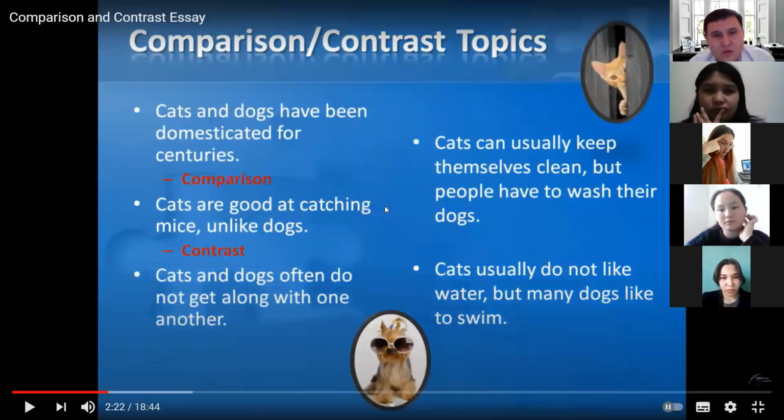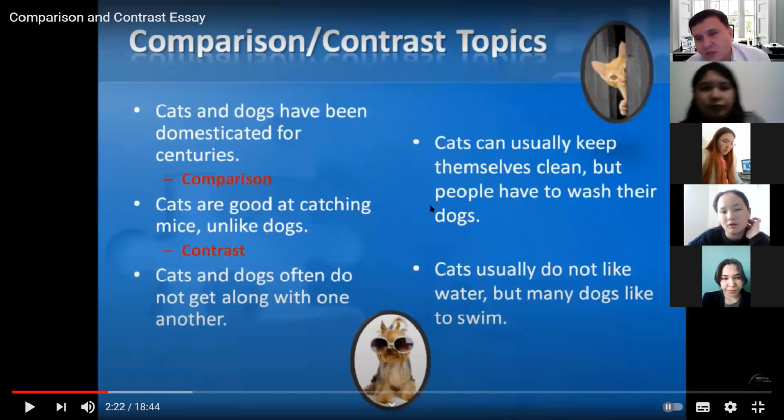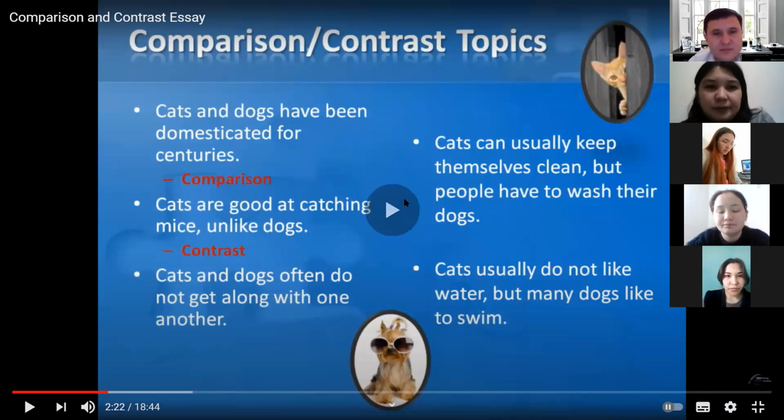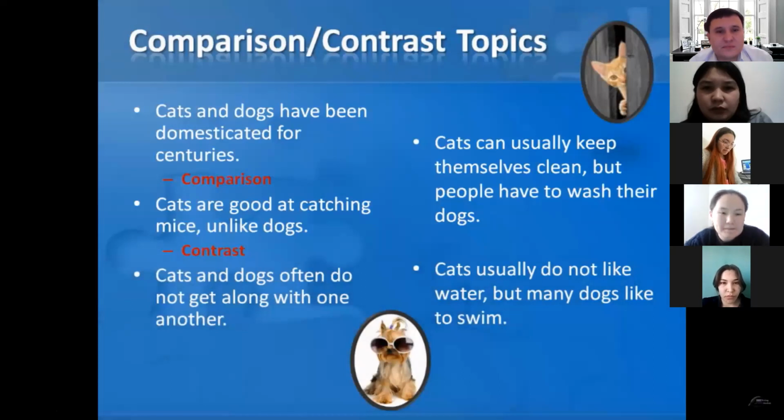What is your clue in the second case? Unlike. Unlike differentiates cats from dogs. The word is unlike, meaning they are different in some particular way. In this case, at catching mice.